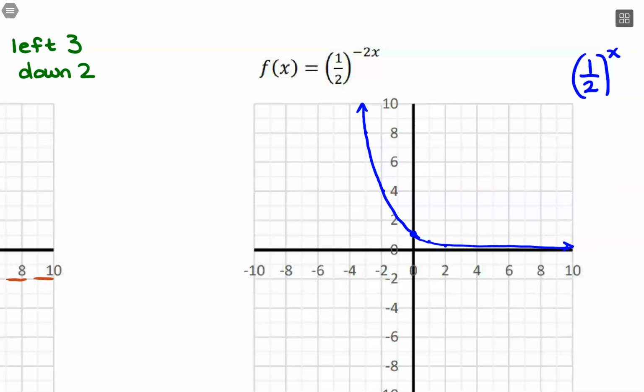And now what we'll have in here, the negative tells us to reflect over the y-axis. And the 2 being multiplied in there is a horizontal stretch or compression. Because it's this whole number of 2, that's going to be our compression by a 1/2.